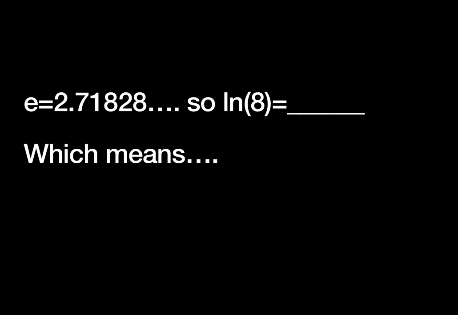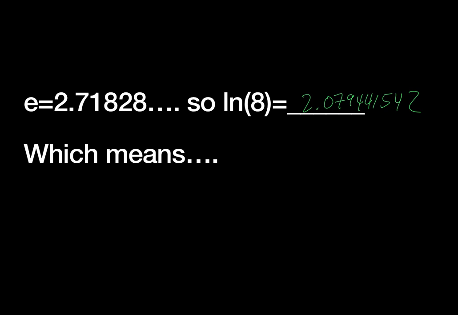For me in my phone, I put the number 8, then I hit the ln button, and at the top it shows me ln of 8, and then I hit enter. And what's the number that it gives you? 2.079441542. Yep, leave it like that.